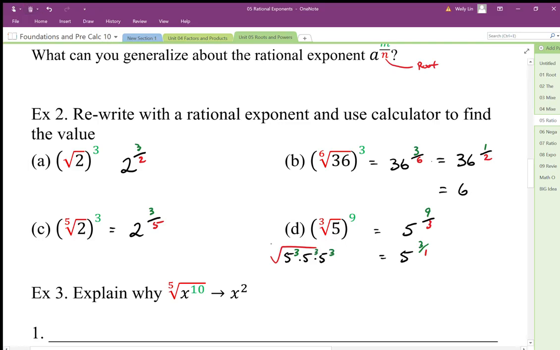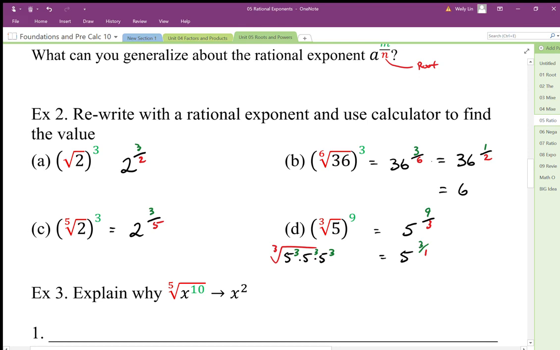Okay, we know that we can take 1 out of here. The cube root of 5 cubed is 5. We can take 1 5 out of here because the cube root of 5 cubed is 5, and same here. So we actually can take out a multiplier of 5 on the outside 3 times, so we end up with 5 to the power 3.